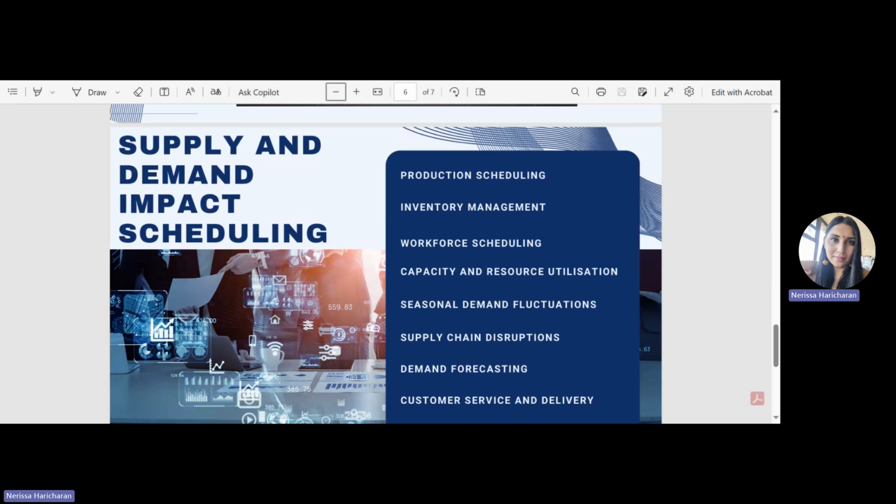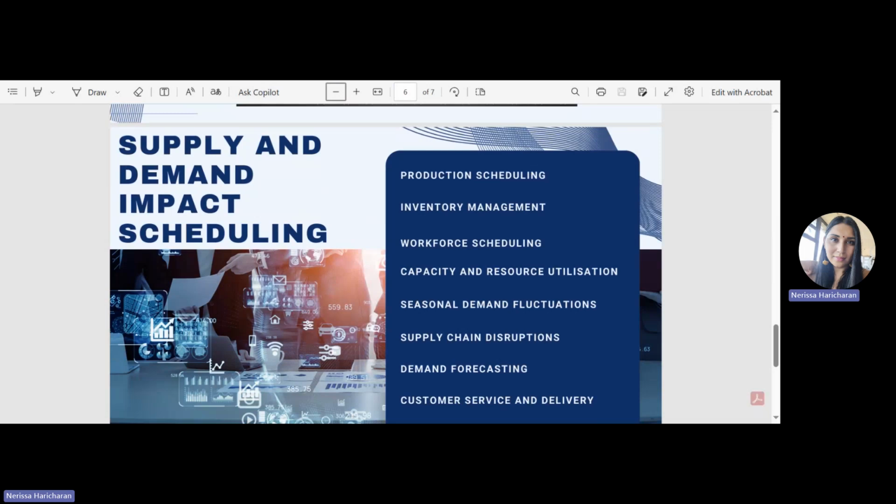Then we have seasonal demand fluctuations. So when we're talking about seasonal adjustments, many industries basically experience demand fluctuations based on a season. Like if it's a retail industry, they increase their workforce scheduling and stock replenishment ahead of like Christmas, etc. While if you're in the agricultural sector or construction sector, you adjust your scheduling based on the weather.